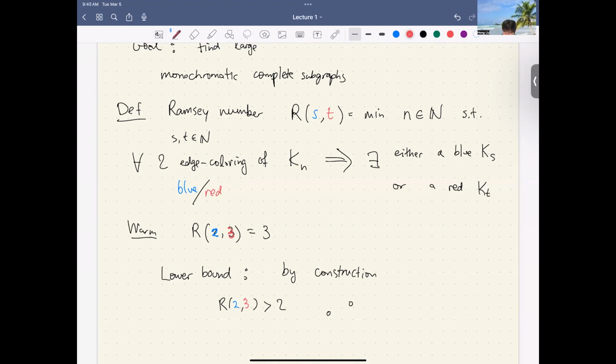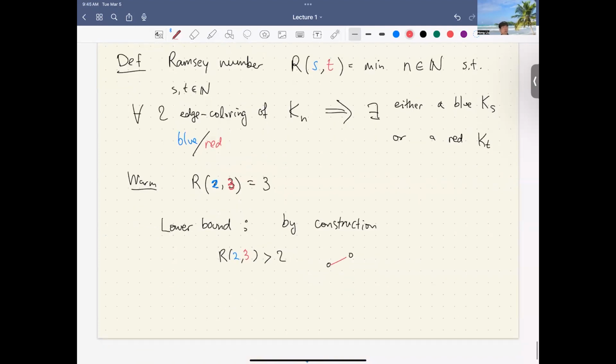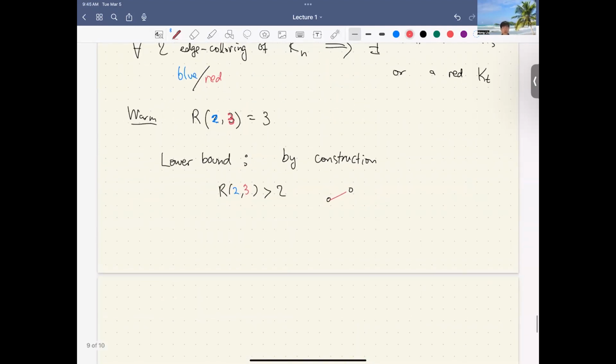You just color it red. This is an example showing that it's strictly bigger than 2. Okay, very simple. And for the upper bound, you need to show that R(2,3) is at most 3 to prove equality. Well, for any 3 vertices, we cannot color any edge blue, otherwise we get a blue edge already. So you must color it all red, then we get a red triangle, and we are done.